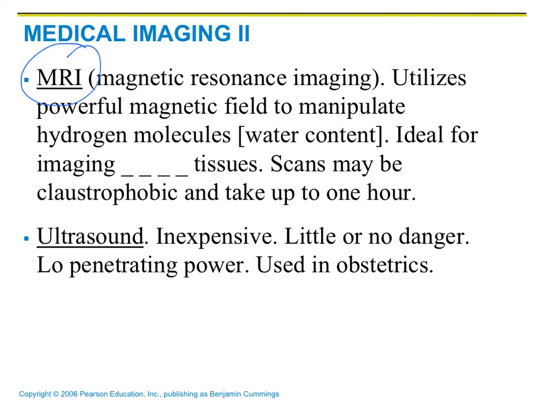An MRI, one advantage is that it's not nuclear radiation, it's a magnetic field, so it's not believed to be harmful. And again, as I said, an MRI is ideal for imaging soft tissues. The drawbacks of these are the magnetic MRI machine.